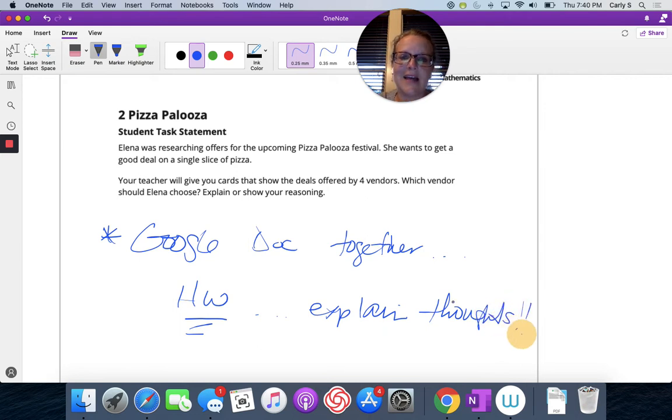This is again a fantastic student task statement to do together in class, not quite as fantastic if we're not visiting each other face to face. If we're face to face, we will take a break and do this one. It's going to be a really rich assignment. If we're not face to face, then we'll go to that Google Doc. Whatever we're doing, that's what you're going to be in charge of.